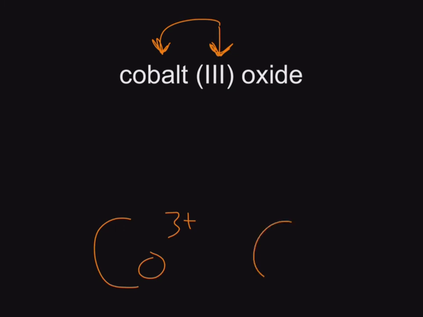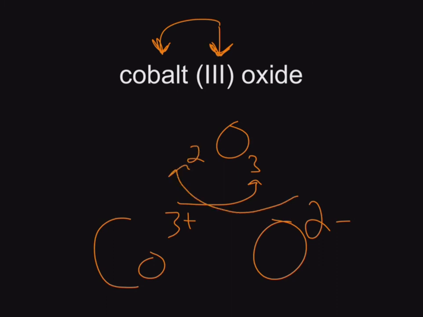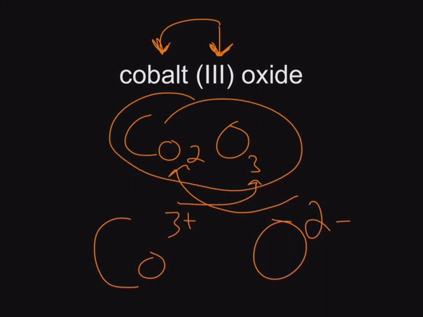And then oxygen, which is oxide, has a charge of -2. So to make the charges work, I move the 3 over to the oxygen, I move the 2 to the cobalt, and I get Co2O3, cobalt 3 oxide. It would have a formula of Co2O3. That gives you a charge of +6 and a charge of -6.